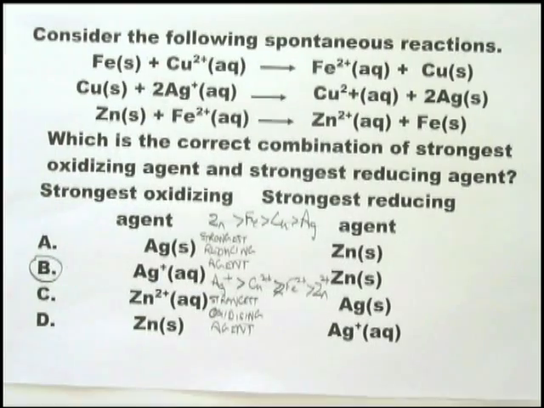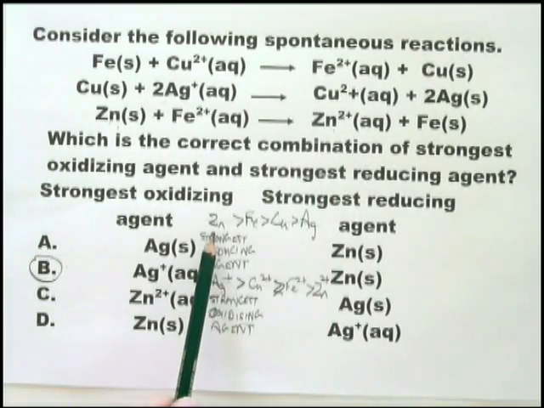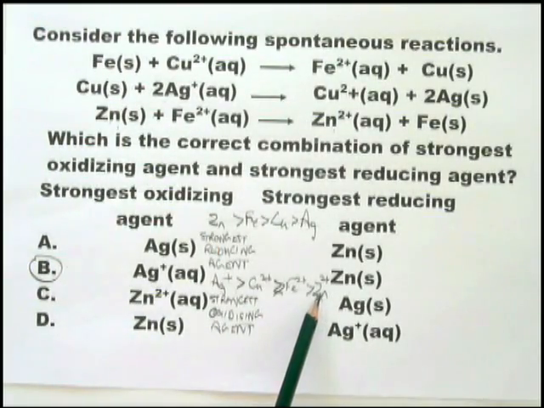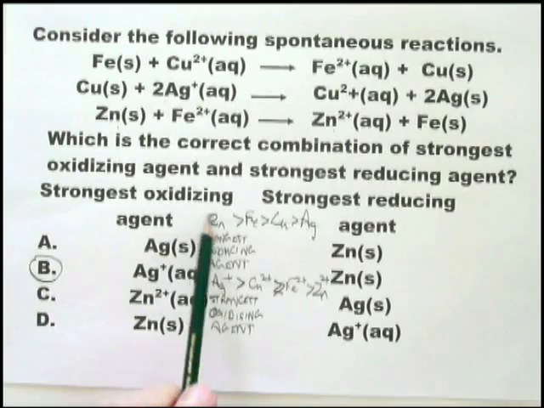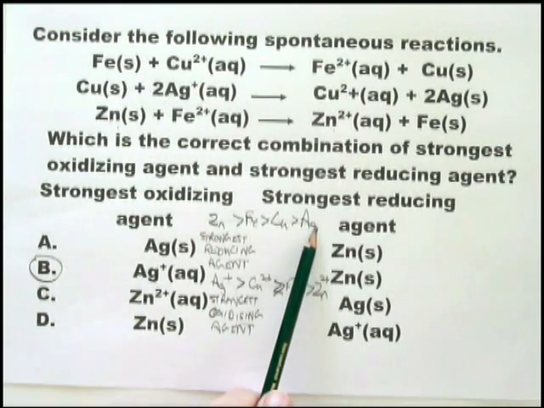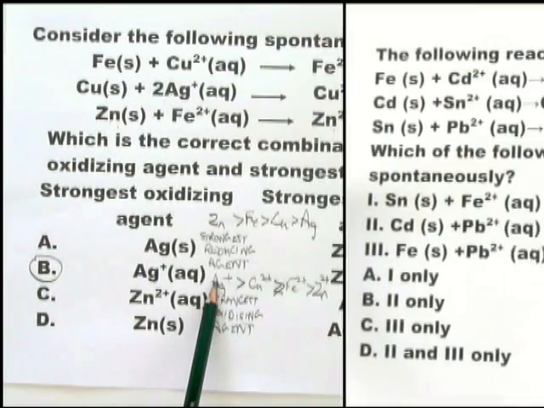One thing to be aware of is that in every pair, let's say Zn and Zn2+, if one part of the pair is the strongest reducing agent in the series, then the other part will be the weakest oxidizing agent. And if one part of the pair is the weakest reducing agent, then the other part of the pair will be the strongest oxidizing agent.